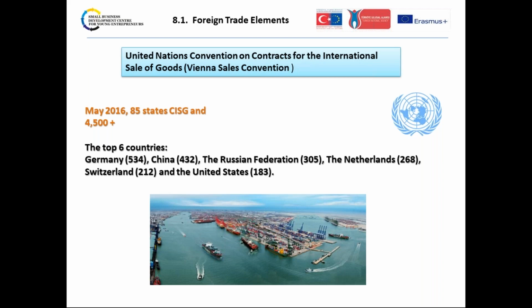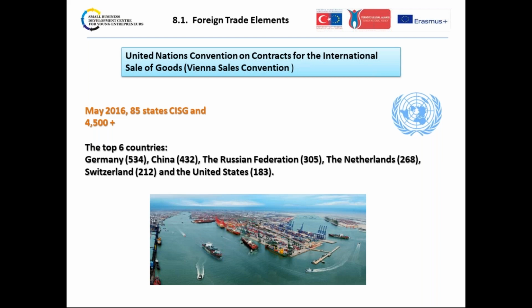And if companies in different countries conflict on some matters, they apply that convention. This is the United Nations Convention on Contracts for the International Sale of Goods. So you need to be careful while you are preparing your contracts, and don't forget you have a door to knock on if you have a problem in your export business.